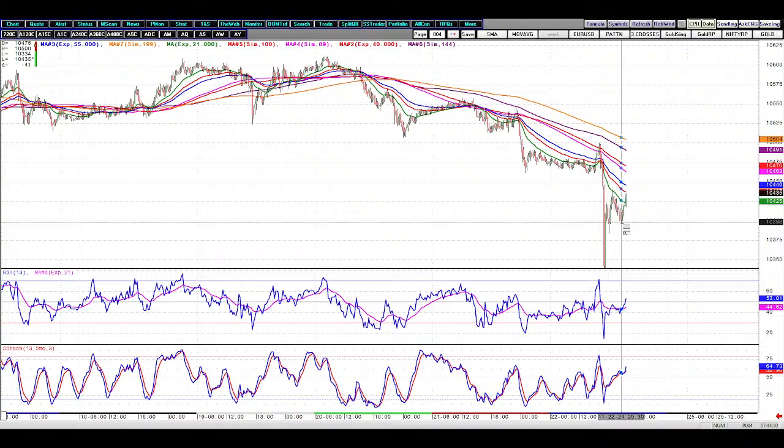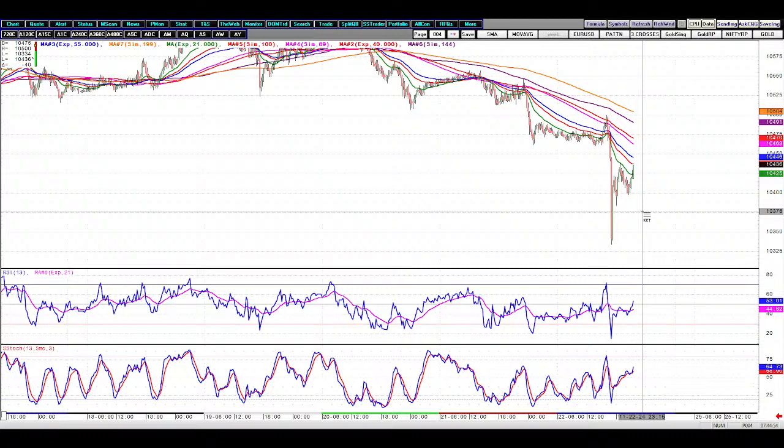So it looks like we may have seen the low, and for confirmation we need to see the price breaking 470. Then only can we be pretty sure that this market has seen the low.